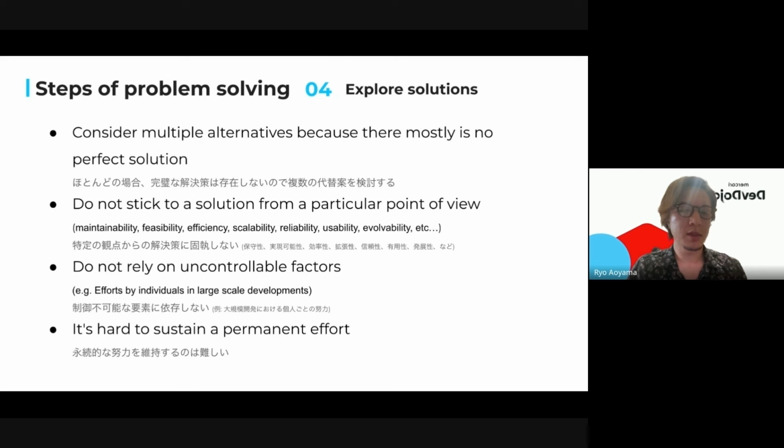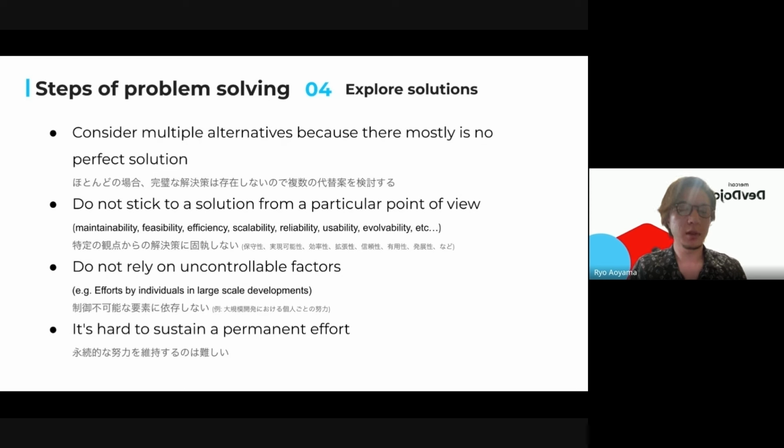And it also is important to not rely on uncontrollable factors. When it comes to large scale development, individual level effort cannot be reliable. So we should not be dependent on such elements, but instead we should try to come up with a solution that is made up of controllable factors. Similarly, it is very difficult to sustain a permanent or constant effort.